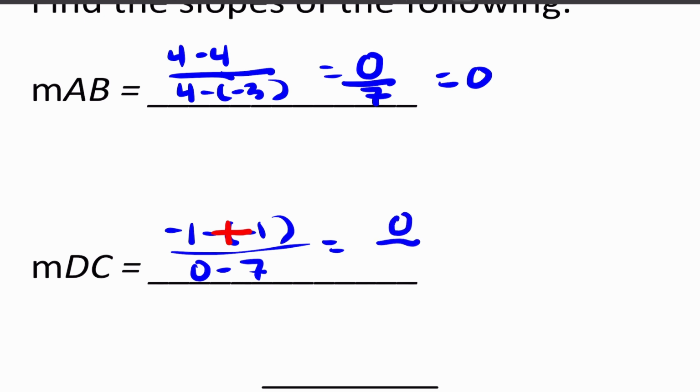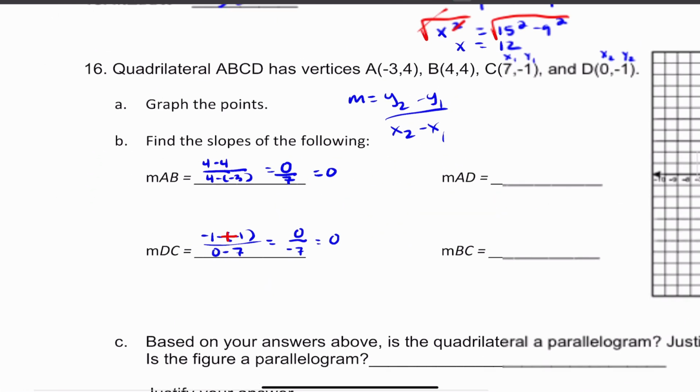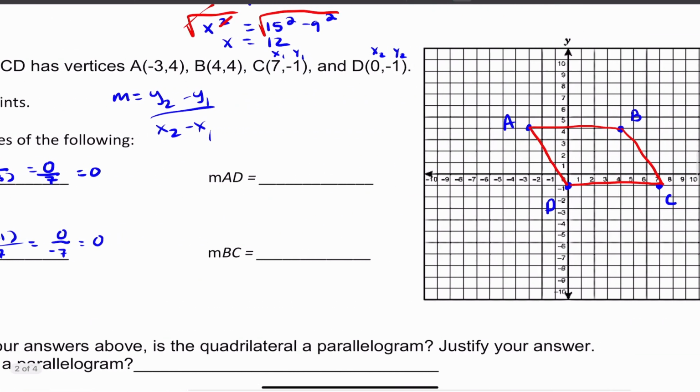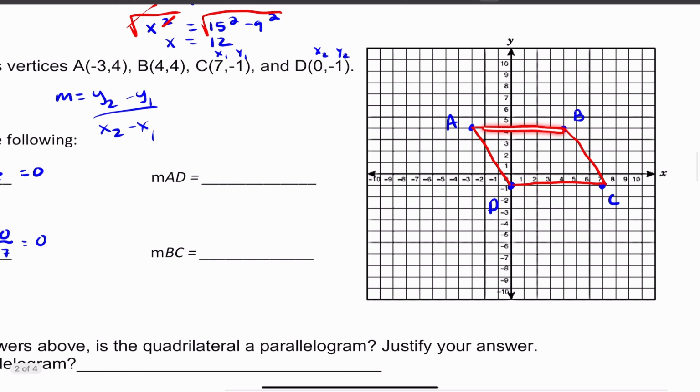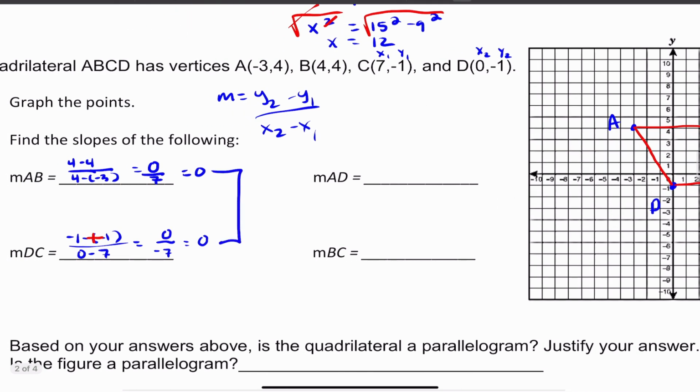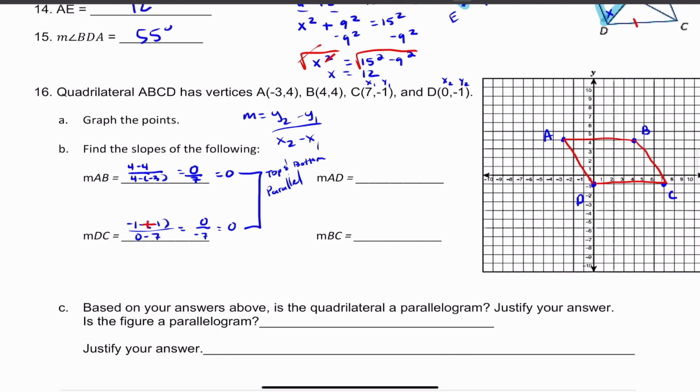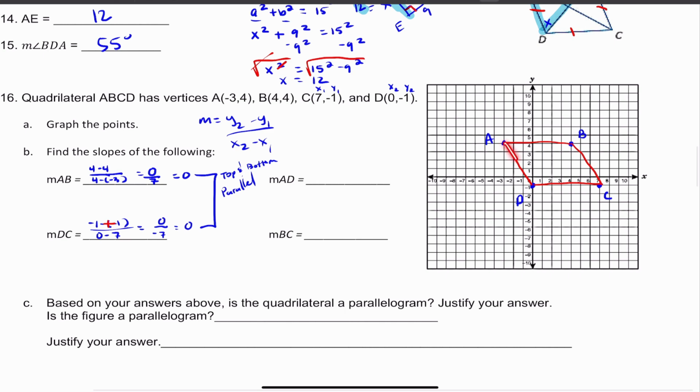And then 0 minus 7, that's -7, but really that's 0. So since this here has a slope of 0 and this here has a slope of 0, that's really parallel. That means those opposite sides, the top and bottom, are parallel.